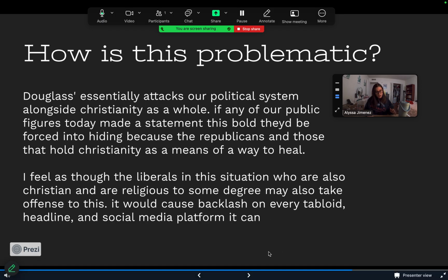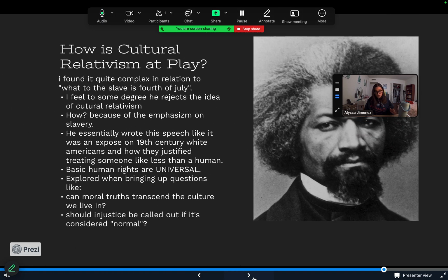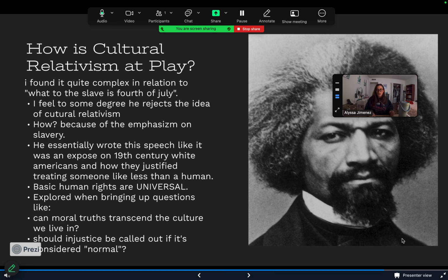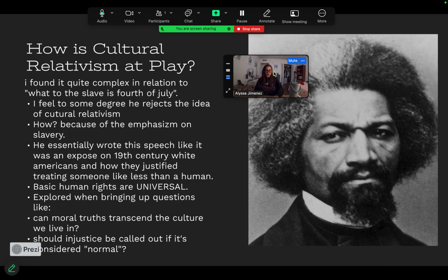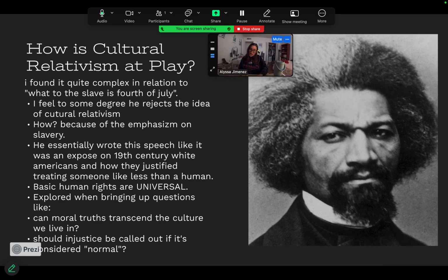That being said, we're almost about to wrap this up, but I wanted to touch on cultural relativism. Cultural relativism is something that we touch on within humanities as a whole, and I thought this topic was great, considering that there are so many things that you can question under cultural relativism.